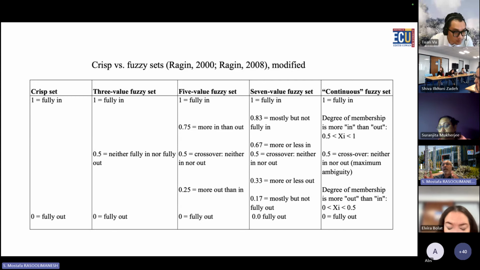This depends on the type of calibration that we do and the values to which we rescale our original data. So this is the place where fsQCA comes into the picture.